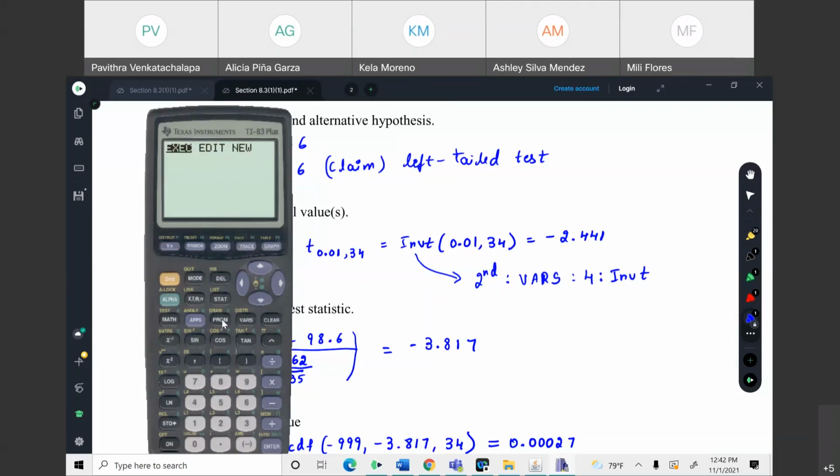Can you do this? Click on program and you have to click on execute exec and then you will find inverse t in the first one.